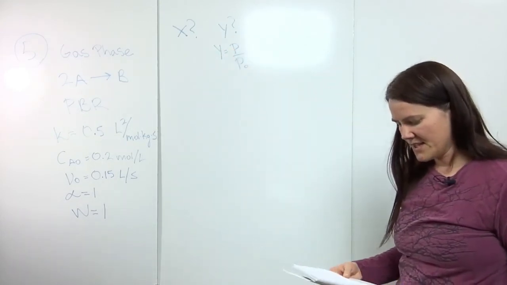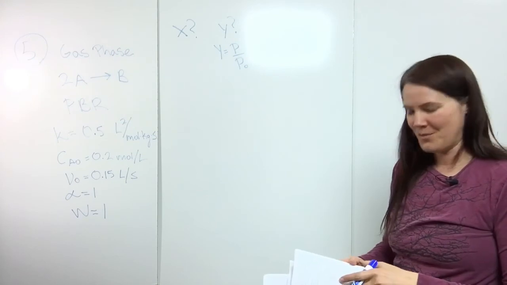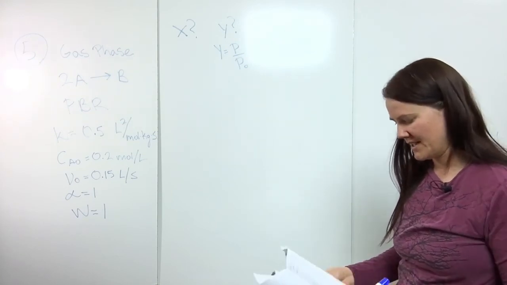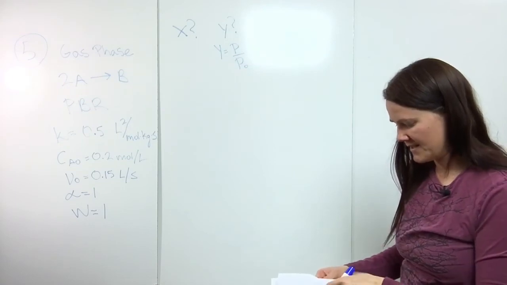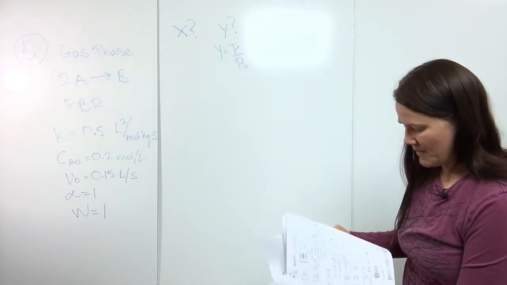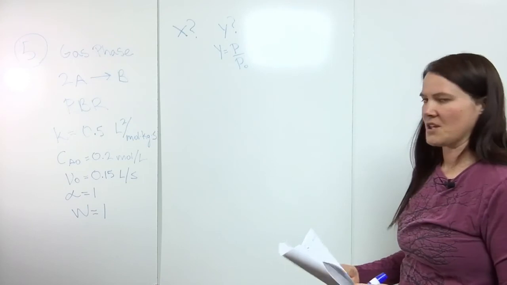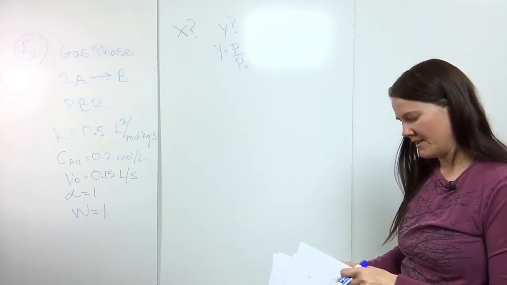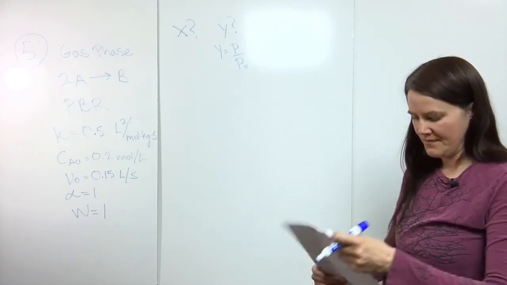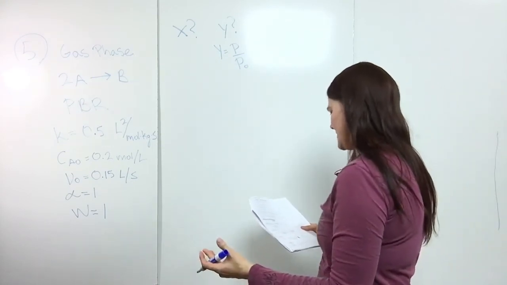And so this problem is pretty much identical to the last one. The only difference is you're not going to solve it by hand because you're not making an assumption about epsilon this time. So this time you need to solve the two coupled ODEs. So we do the exact same thing.